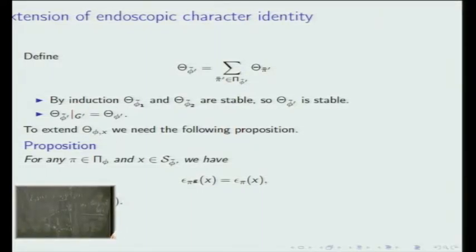And essentially to prove this, because they come from the endoscopic character identity, you go back to the endoscopic character identity and try to do a conjugation.